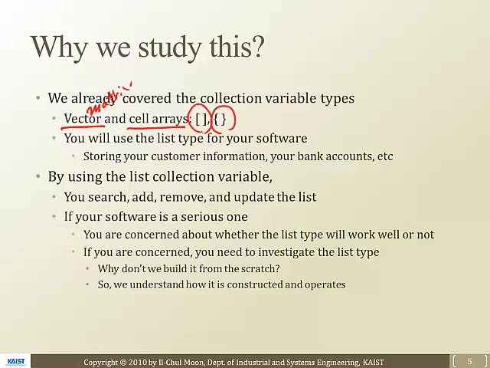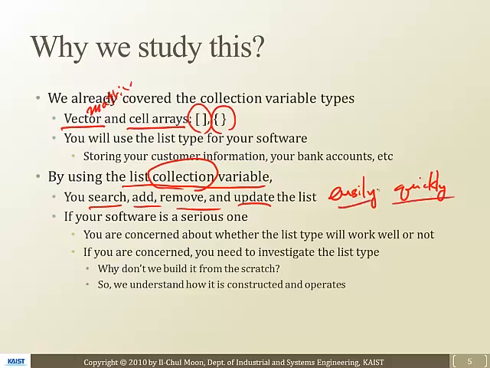By using the list collection variable, it's a collection variable because it's a collection of variables, you can search, add, remove, and update the list very easily, and sometimes very quickly. Sometimes means that it's not always, right?